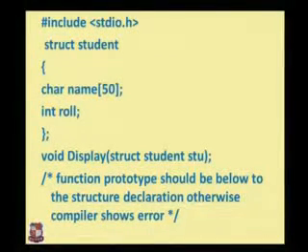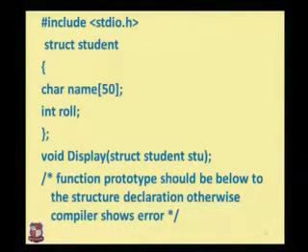So we have one more program: #include <stdio.h>, struct student, then char name of the student, int roll, and we are using a function void display(struct student stu). The function prototype should be below the structure declaration, otherwise the compiler shows an error.